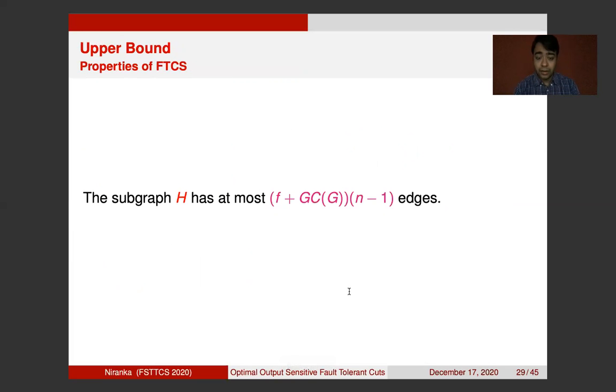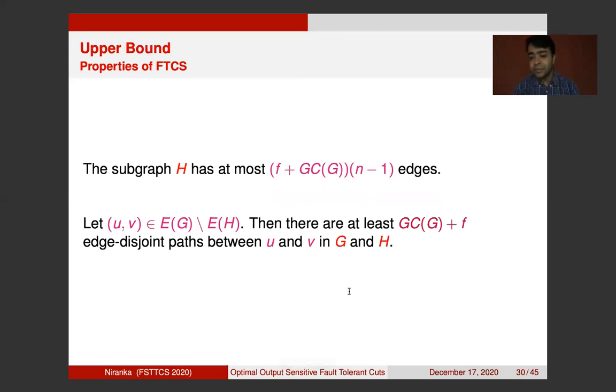Now, it's clear that subgraph H has at most small f times GC(G) times (n minus 1) edges. And the other property, which is quite helpful, is that given an edge u comma v which is not in the subgraph H, by our construction there are at least GC(G) plus small f edge-disjoint paths between u and v in H. In G it's obvious, but in H is what we are considering here.